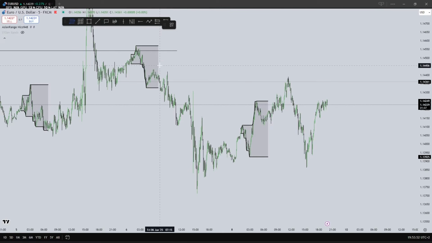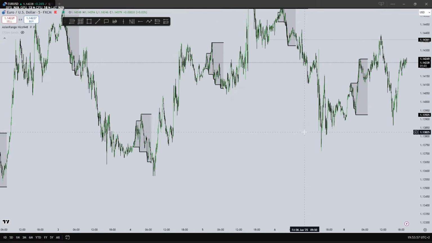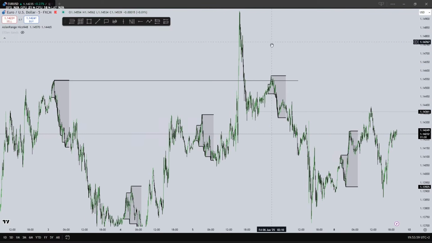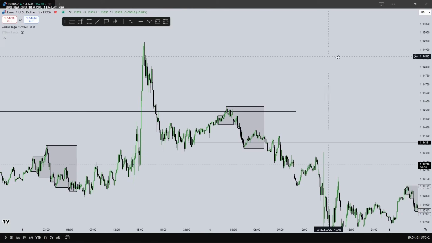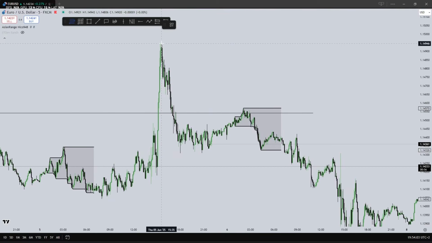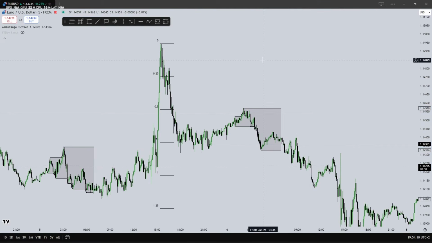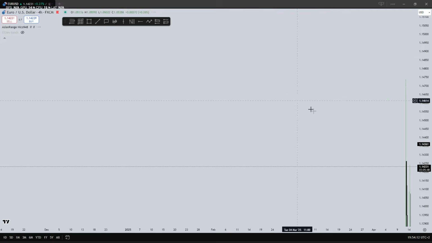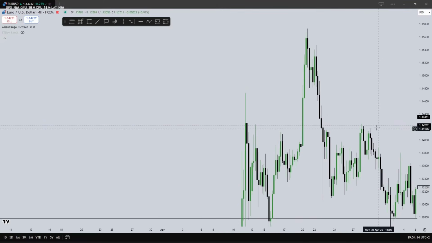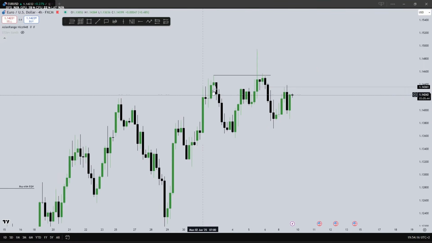This is another way of looking at my methodologies. Let's see if we have any. Yeah, we can take this right here. This is a probable manipulation, as you can see, on, let's say, the 4 hour. Higher than 4 hours, I use the wicks.